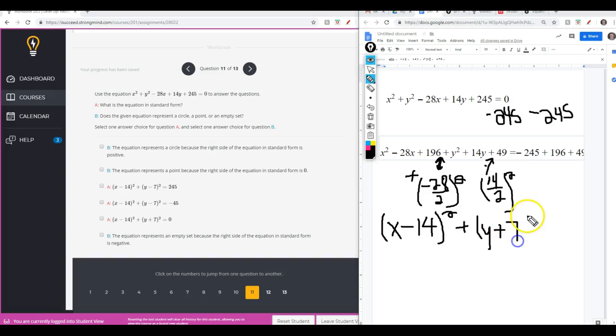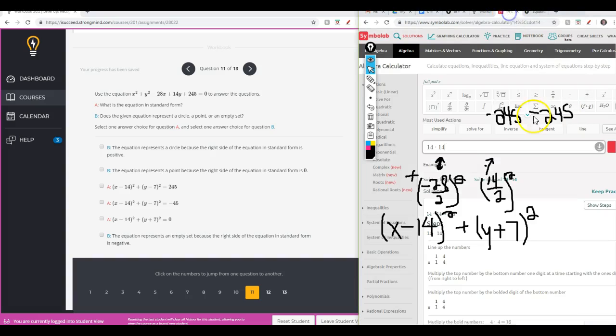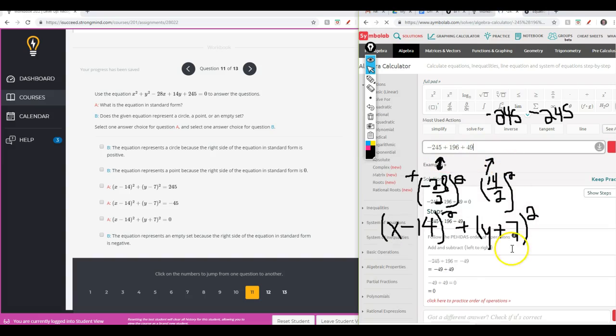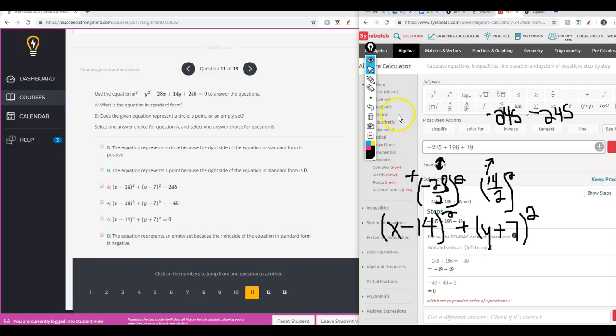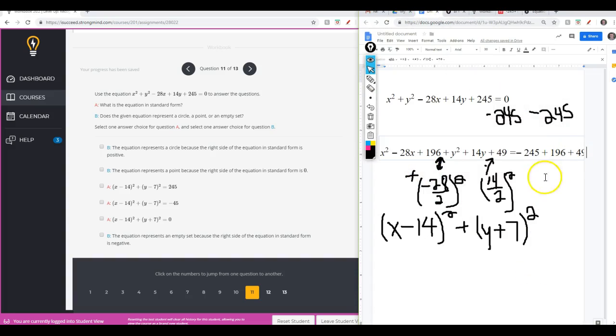So we're going to have plus 7 being squared. That's going to be our perfect square on that. And then we have negative 245 plus 196 plus 49. And that comes out to equal 0. So this comes out to equal 0.